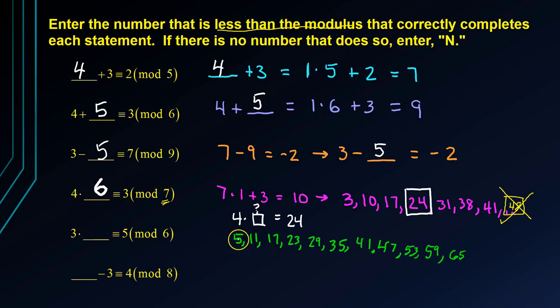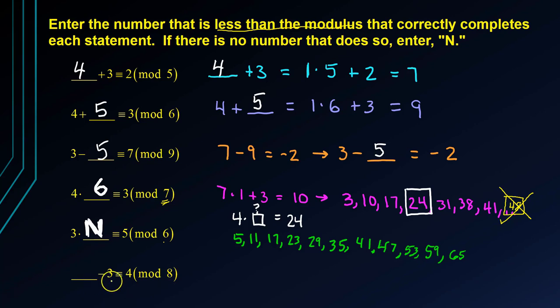As I look through this list of numbers, none of these numbers are divisible by 3. I can keep this list going, but no matter how much I extend it, there is no number that's going to be divisible by 3. So 3 times some integer is never going to be congruent to 5 modulus 6. Based on the directions, that's why I put that N there.